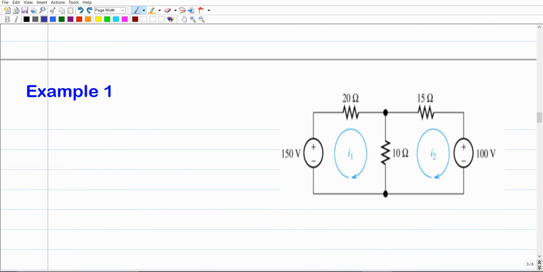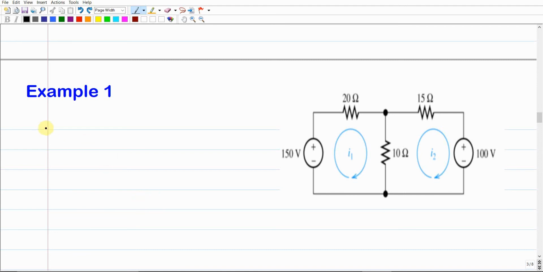Let us consider example 1 of this electrical circuit that includes 3 resistors in addition to 2 voltage sources. The first step, as we agreed, is to set up mesh currents through the circuit, as we did here. I1 is the first mesh current, and I2 is the second mesh current. Make sense? Then your objective is to apply the Kirchhoff voltage law to each one of these meshes.